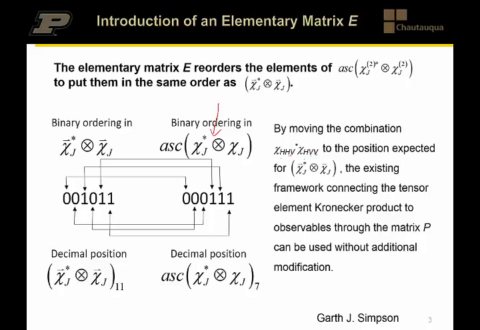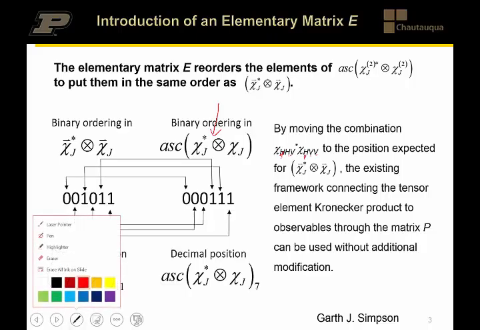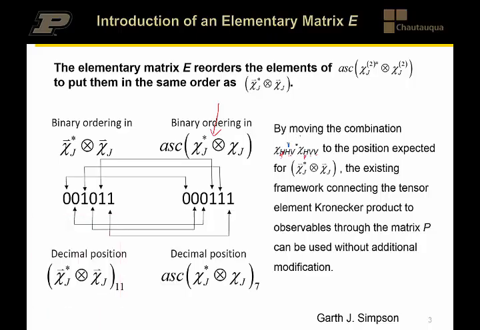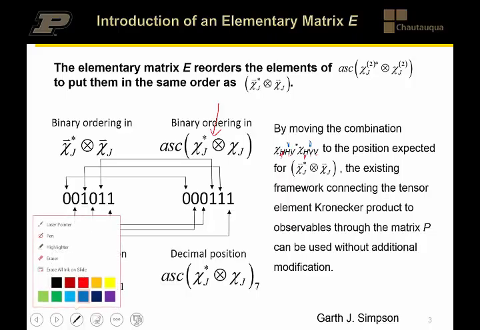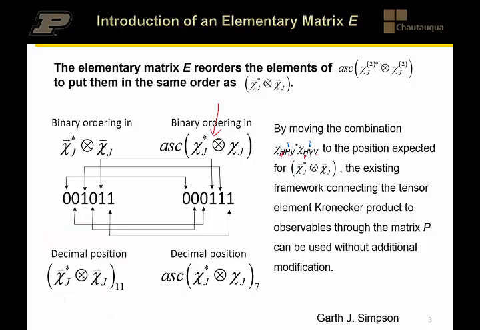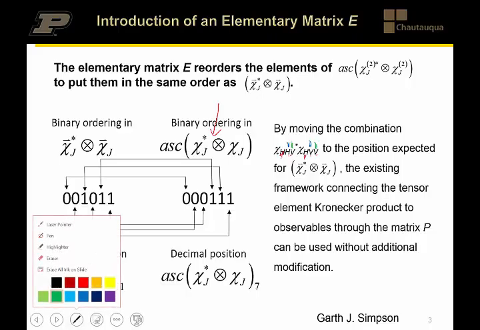So if this was sum frequency generation, this one and this one would contribute to the sum frequency. This one and this one would contribute to omega A, and this one and this one would contribute to omega B.